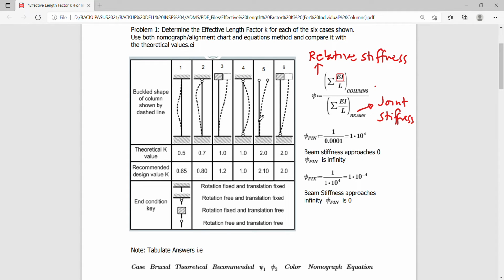So imagine these support conditions are considered beam stiffness upon which the rotation of your ends is based.